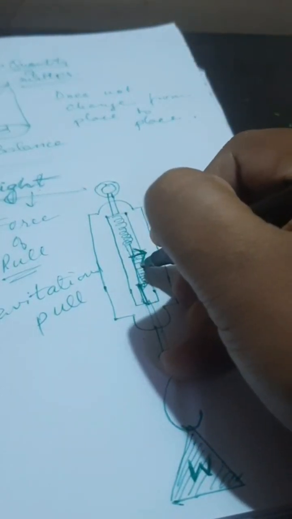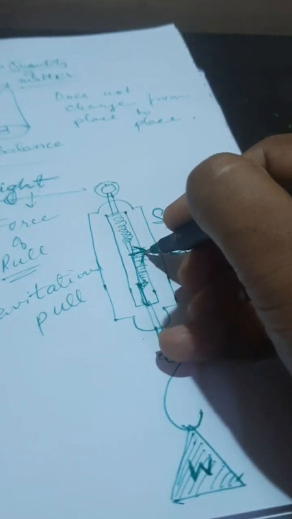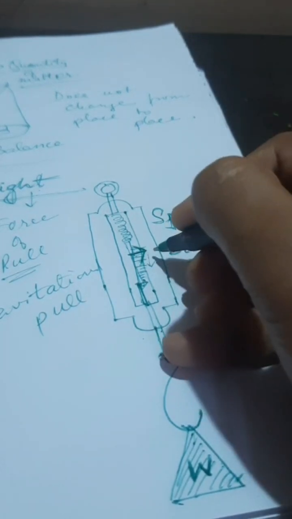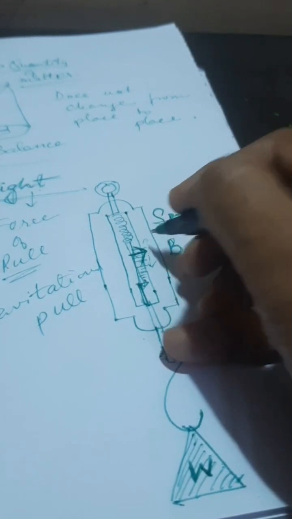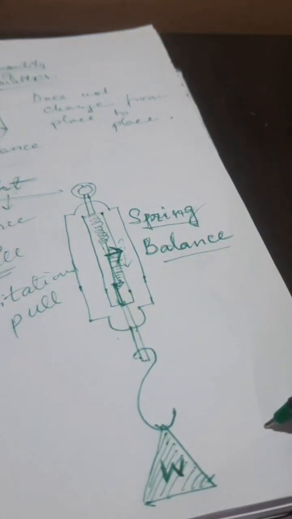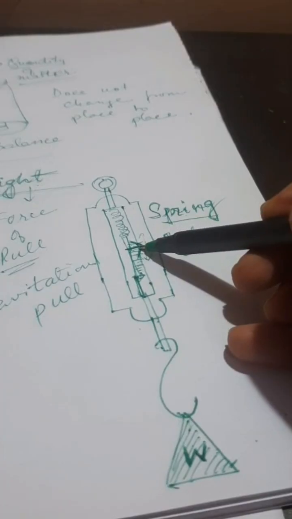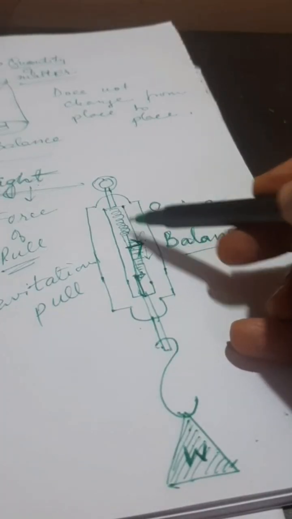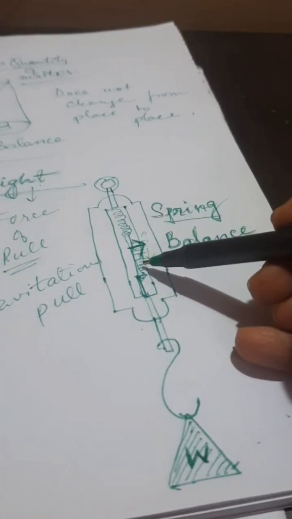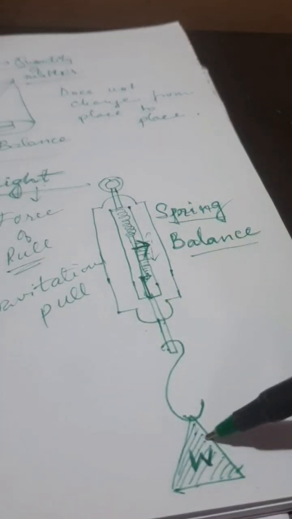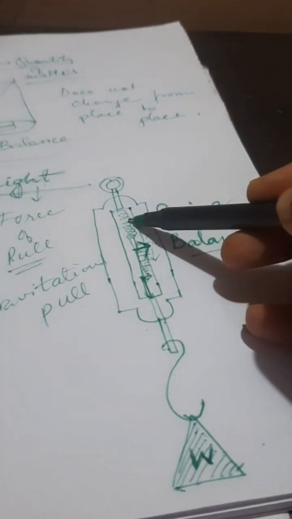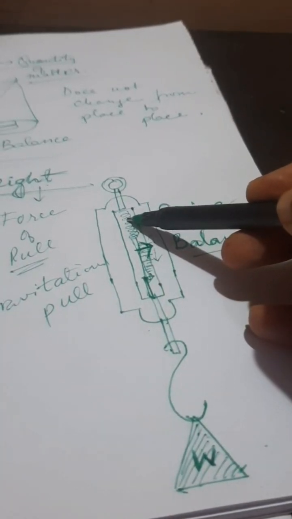This pointer actually comes down or it goes up when this object is removed or the weight is lessened. This pointer will give you the weight of the object directly. The more the weight, the more the extension of the spring. This is known to you.